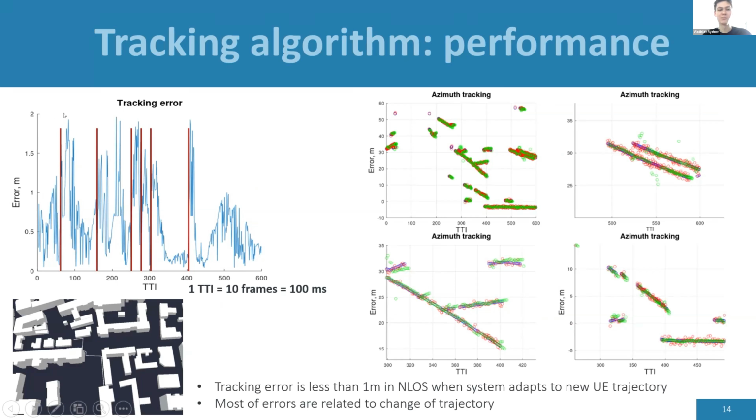In this case, the error might be up to 2 meters. On the right side, green ones are estimates, and red ones are those predicted by our algorithm. The green ones are much closer to the blue ones, which are the true angles of users.